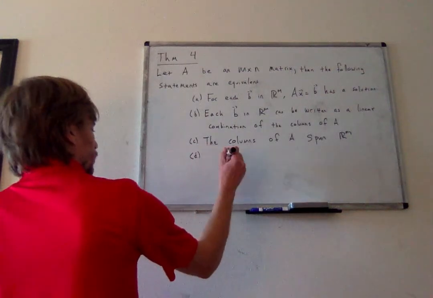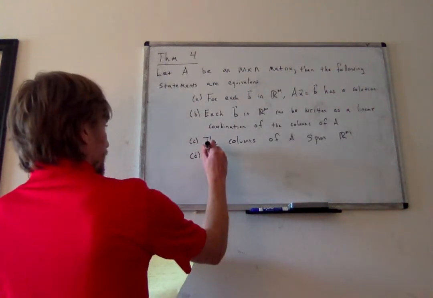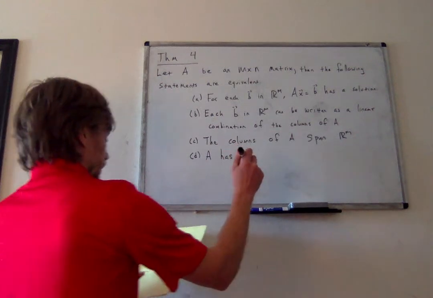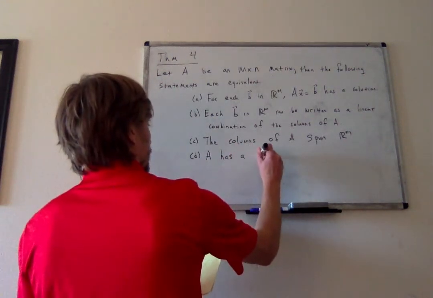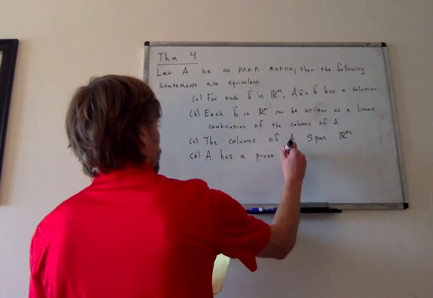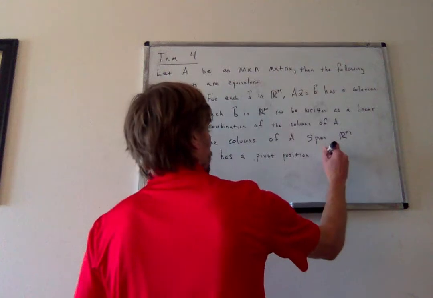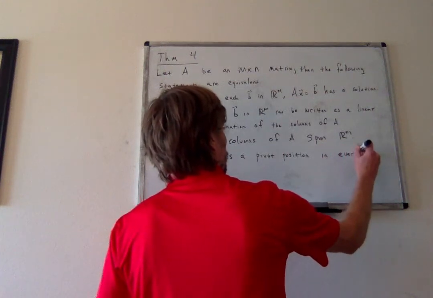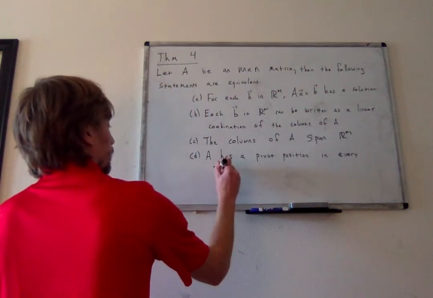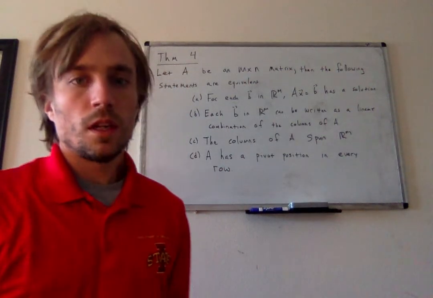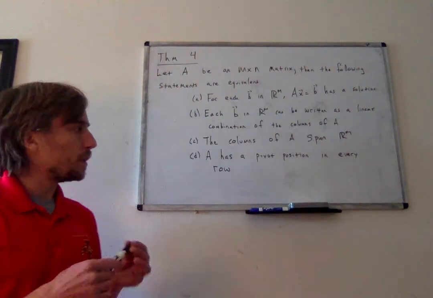D, I won't talk about too much why D is also equivalent for now. We will see later why D is equivalent. But A has a pivot position in every row. So keep D in mind.